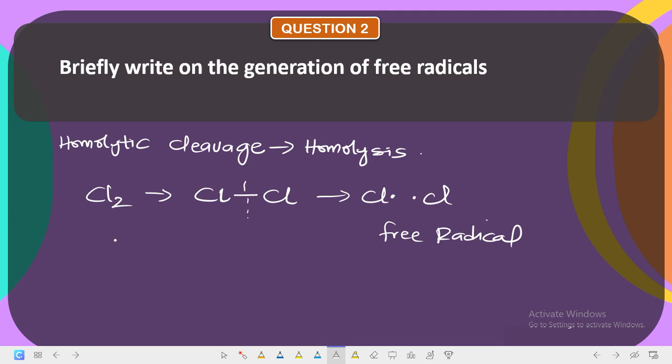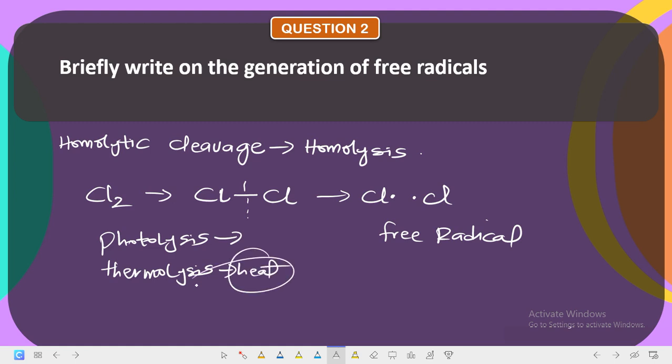It can be initiated by sunlight, or we can say it can be initiated by two ways: photolysis and thermolysis. Photolysis is when light is used, while thermolysis is when what? Heat is used to generate free radicals.